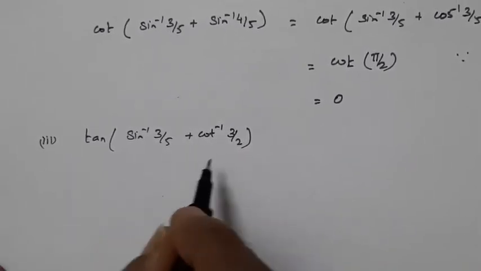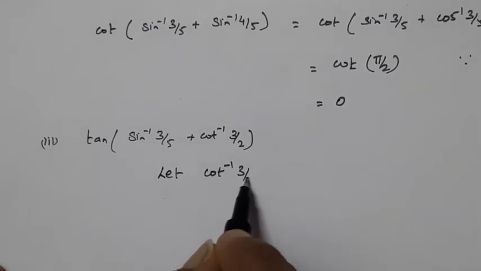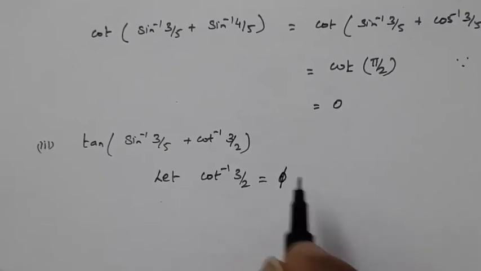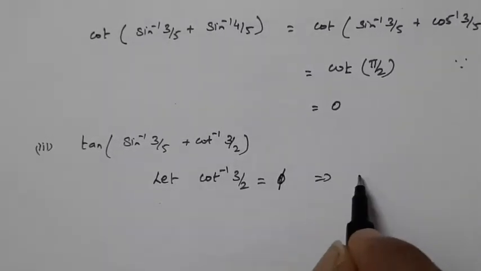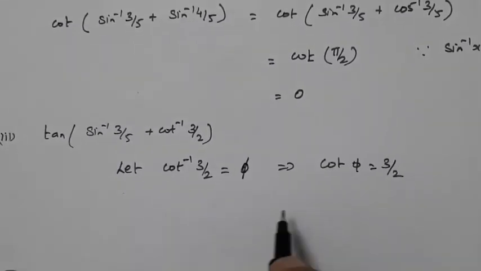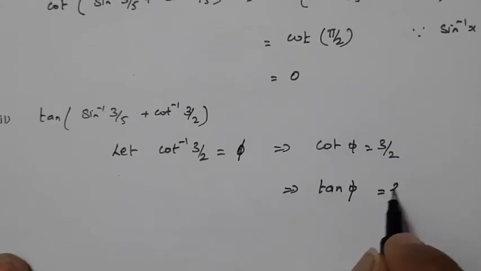Now let us take cot inverse of 3 by 2 to be some phi. This implies that cot phi is equal to 3 by 2. So cot phi means what would be tan phi? Tan phi is equal to 2 by 3.